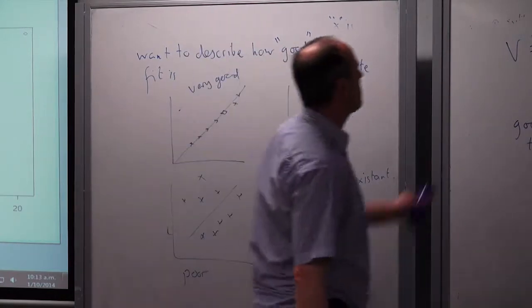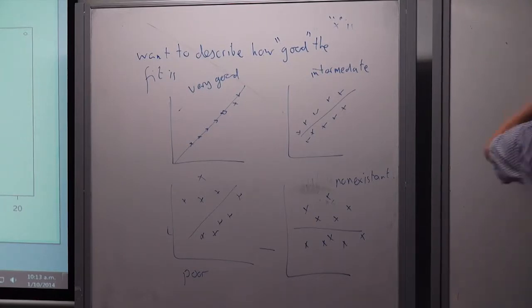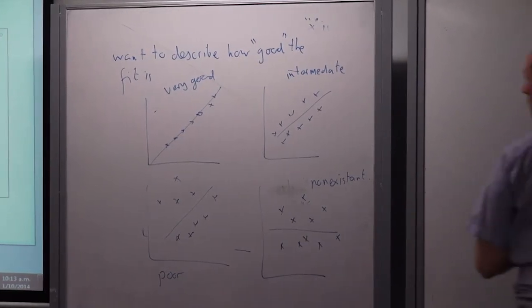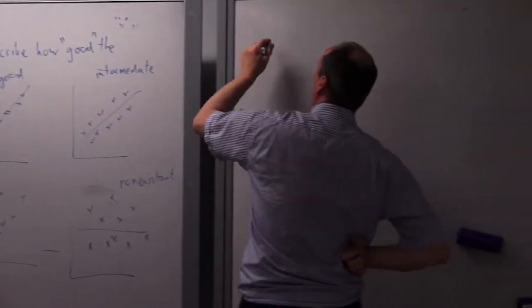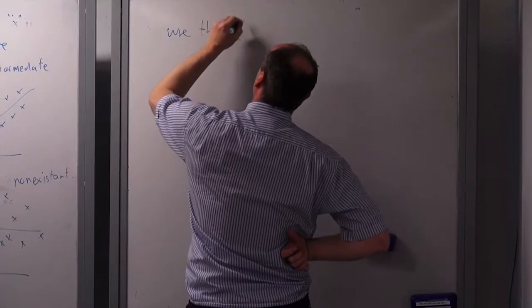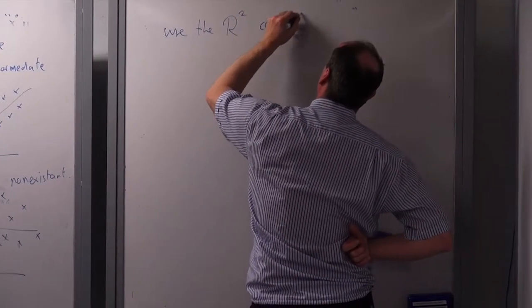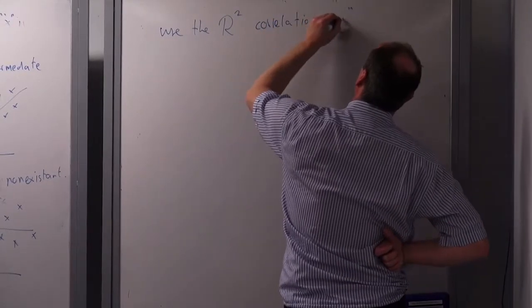So how do we describe that mathematically? Well, I'm not going to give the mathematical definition of it, but we use the R squared correlation for this.